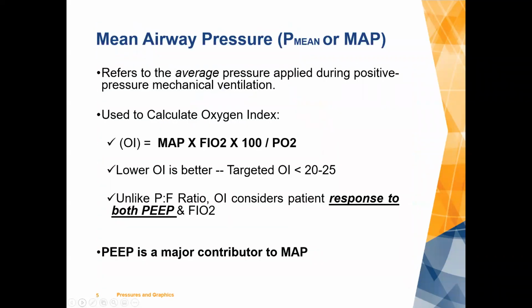So mean airway pressure. So this is one of the first ones that we're, so peak airway pressure is what it sounds like. It's a descriptive term. You deliver the breath to the patient. It's a reflection of what we call total impedance, which is the combination of resistance and compliance. Okay, total impedance.